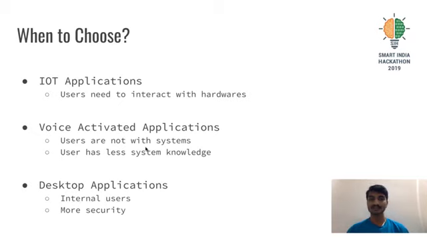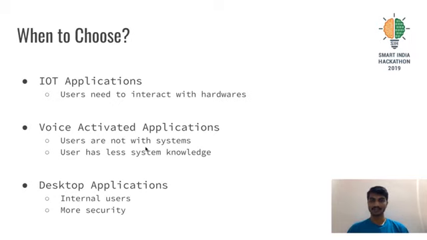In those kinds of situations, it's better to go for voice activated applications. We can make use of Alexa or other voice activated providers to create these kinds of applications. It will be very helpful, and the user does not need to be with the system always.